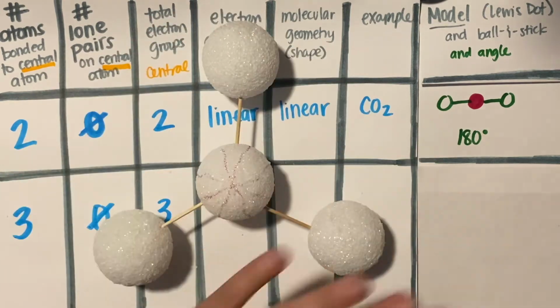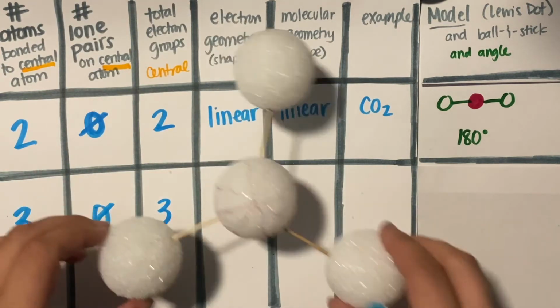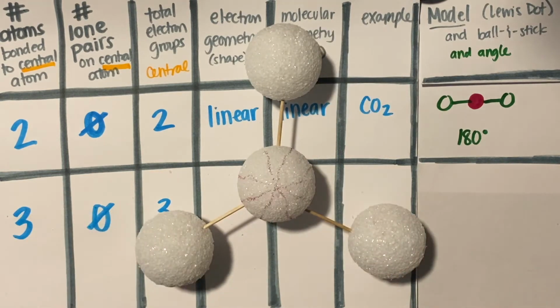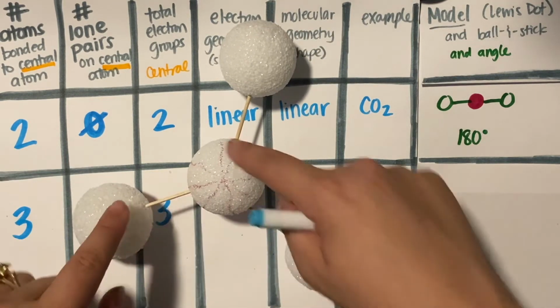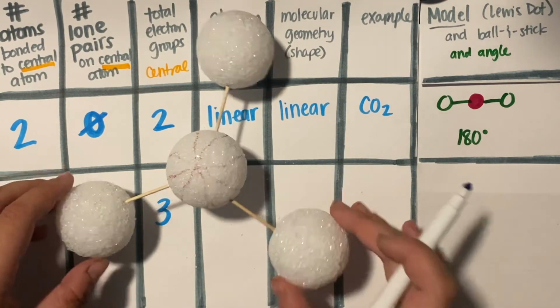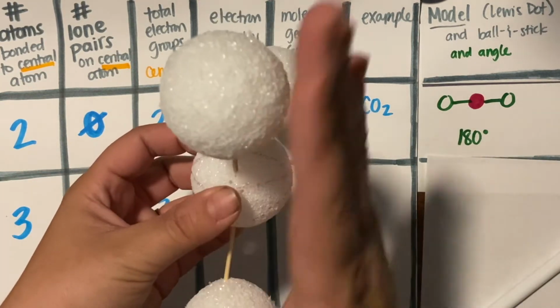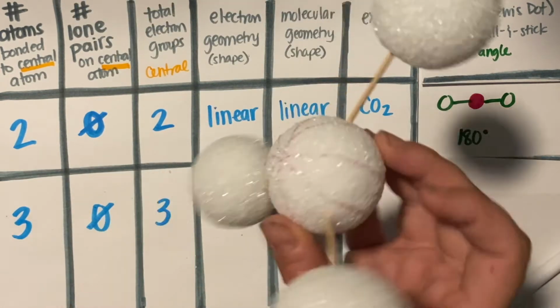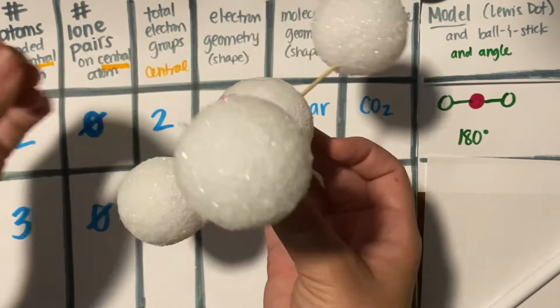So now, what shape does this take for my electron groups? We're just looking at the toothpicks. What shape do my electron groups take? Well, they are as far apart from each other as they can be, and they're on the same plane. So this is a flat molecule. Can I angle this so you can see it on the camera?